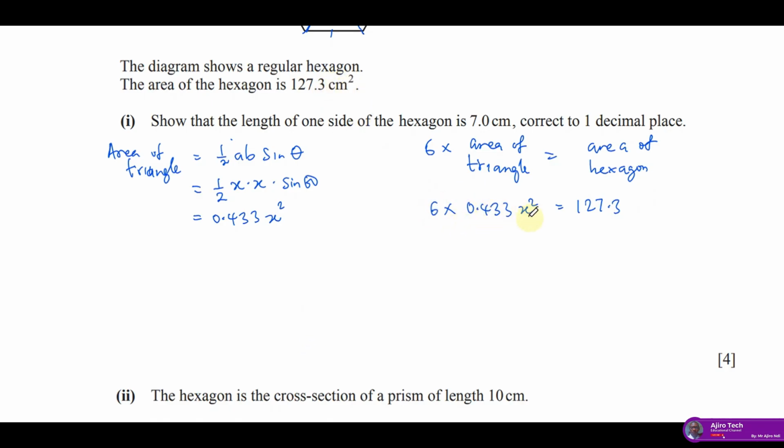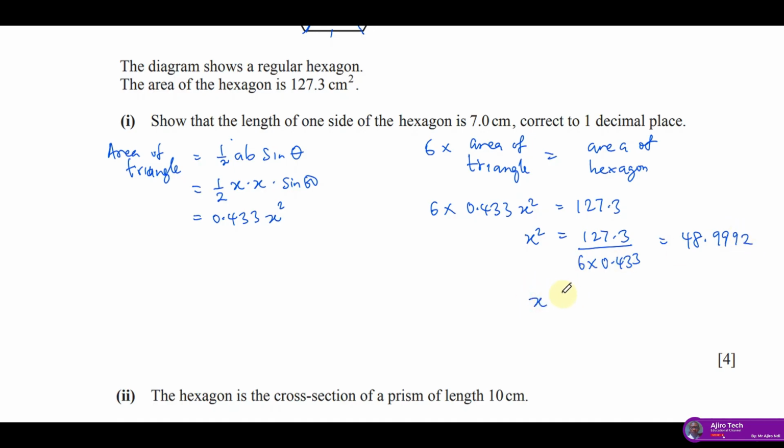So we can say that x squared is 127.3 divided by 6 times 0.433, and that will give us 48.9992.